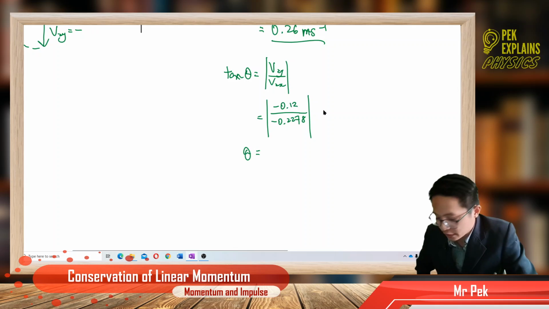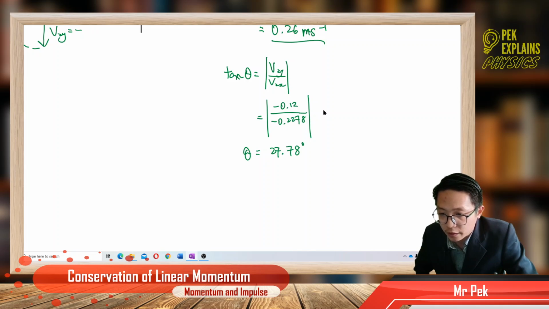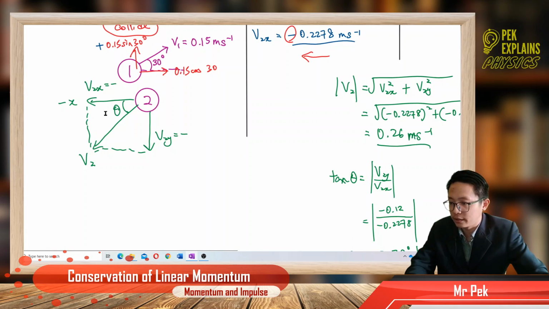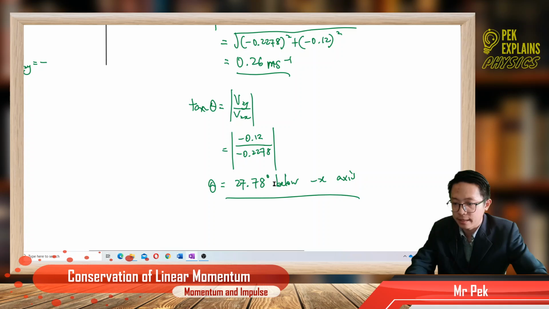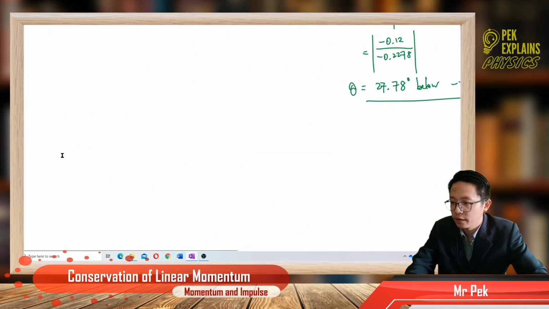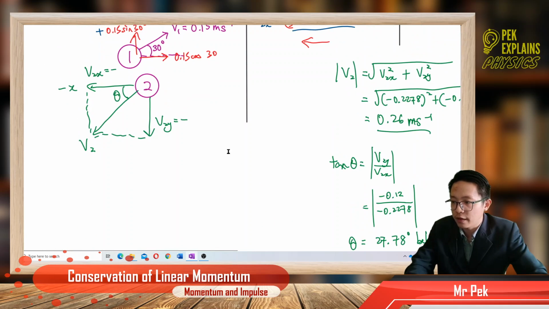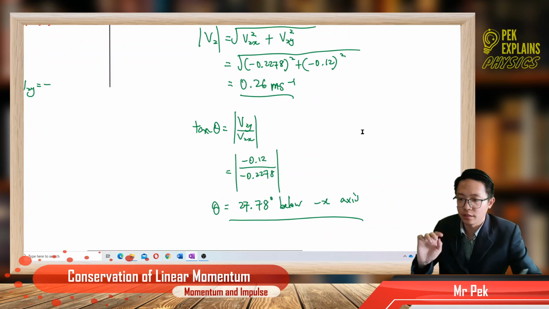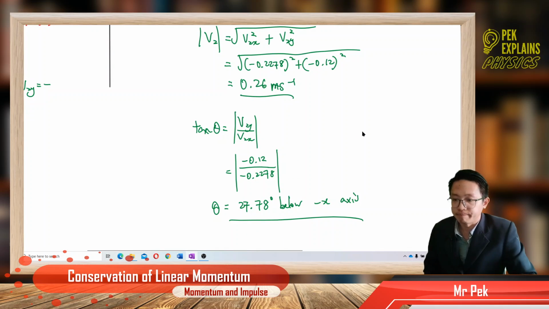So inverse tangent, we got 27.78 degrees below the negative x-axis. That's the direction of velocity 2. That's theta, below the negative x-axis. So this is velocity 2, and we already got the magnitude and direction.